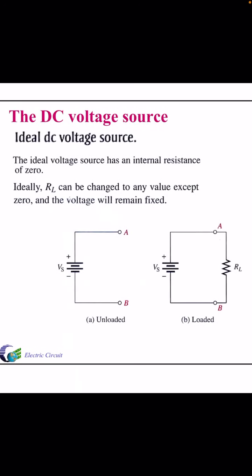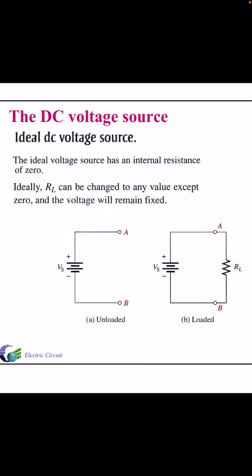So what is a DC voltage source? You know all about DC and AC. DC voltage sources are like cells, batteries, etc., which have a fixed voltage and get drained after some time, and you need to replace that source.